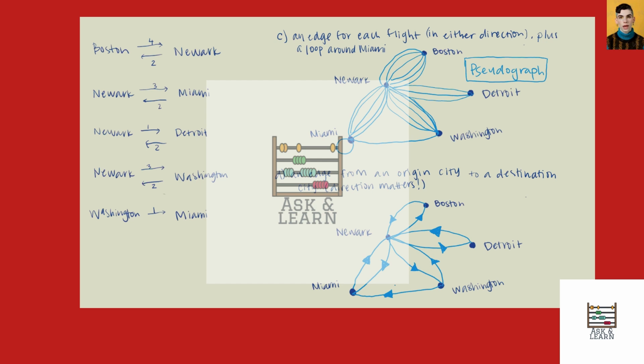And there's no loops, which is the last thing that we're checking for each of these. So in that sense, this is going to be a simple directed graph. Even though there's multiple edges between the vertices, they are not in the same direction, so not counting as representing the same thing.